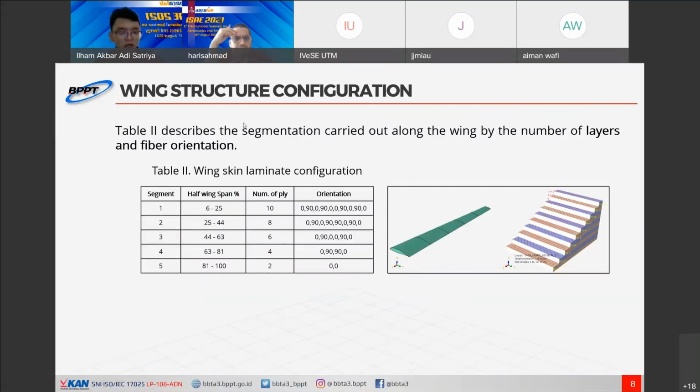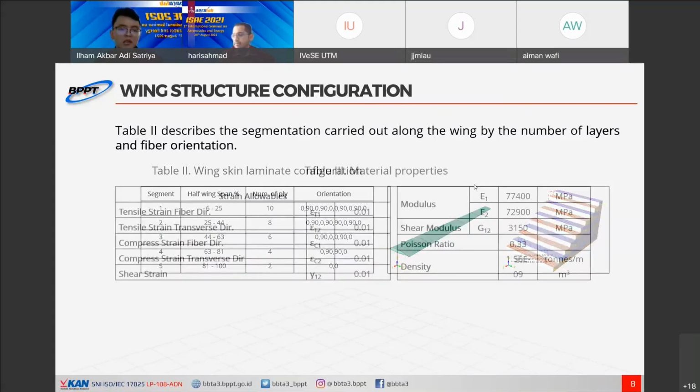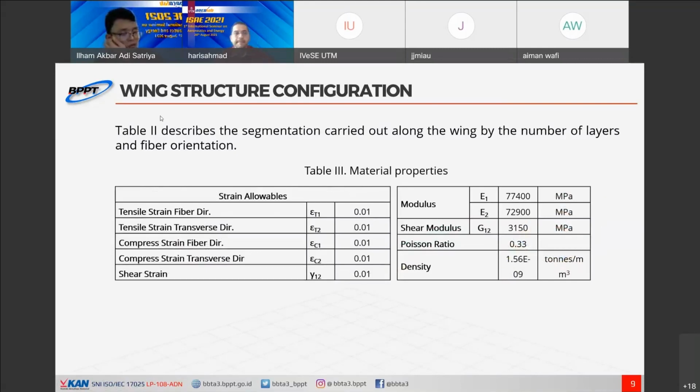And this is an example of how the composite configuration is applied to the wing skin. We divided it into 5 segments, segment 1 until segment 5, with a certain half span, with a variation of the orientation of the laminate configuration. And then the material also has material properties, like the alloy material.